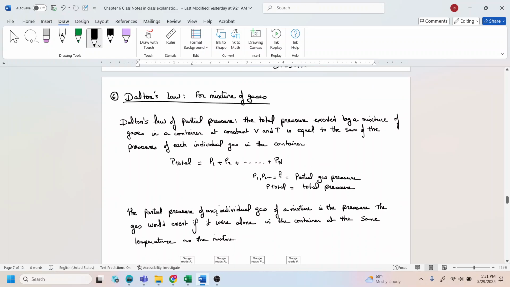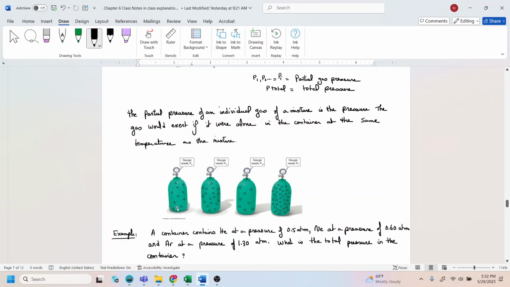Another gas law is Dalton's law, and Dalton's law deals with mixtures of gases. So let's say, for example, we have a container of oxygen gas, it will read a certain pressure. And if we have another one with nitrogen gas, it will read another pressure. And if we have hydrogen, it will read another pressure. Now we take all of these gases and put them in one container.